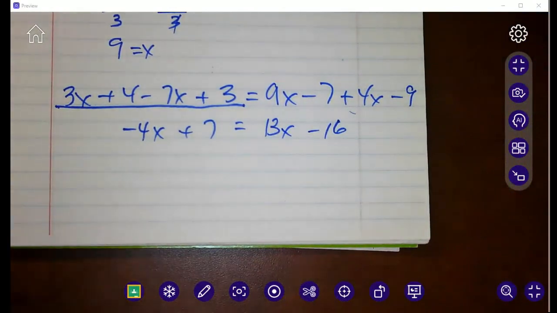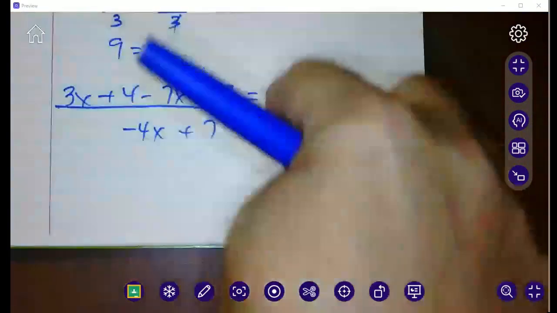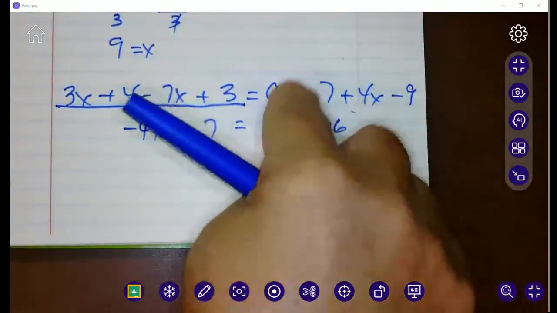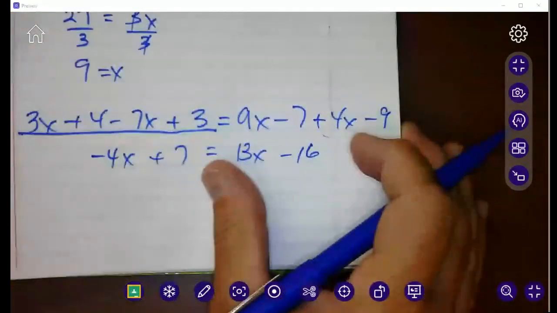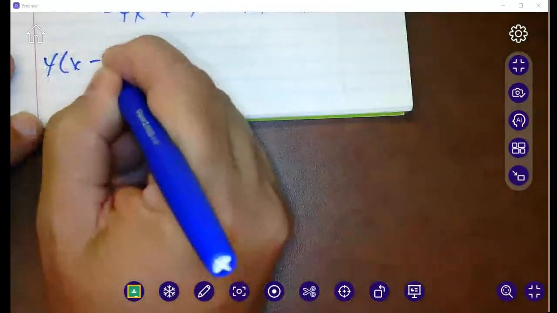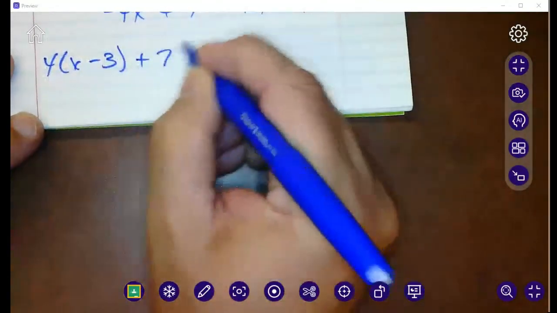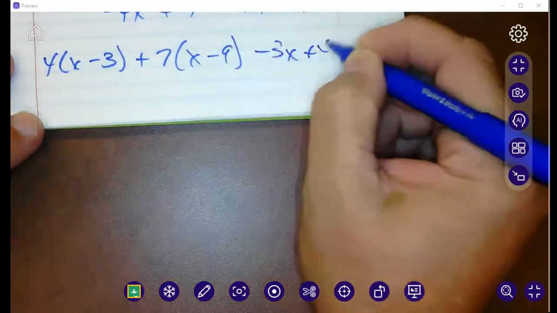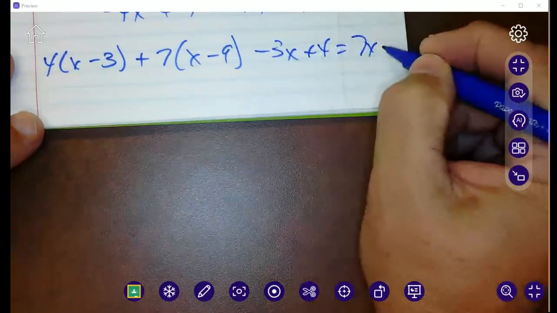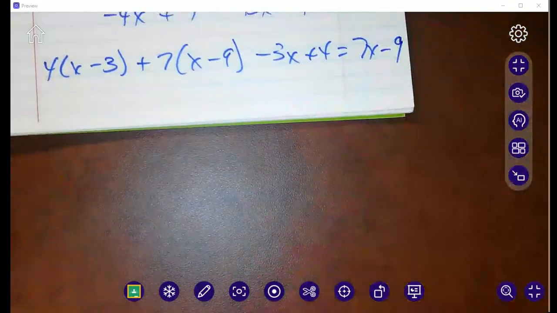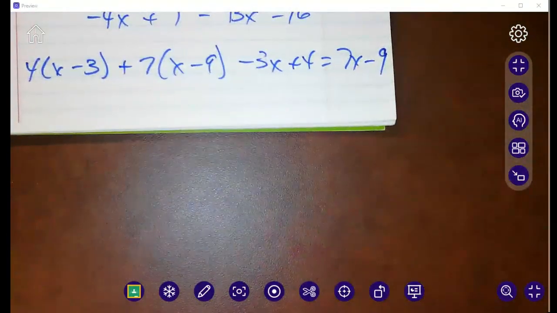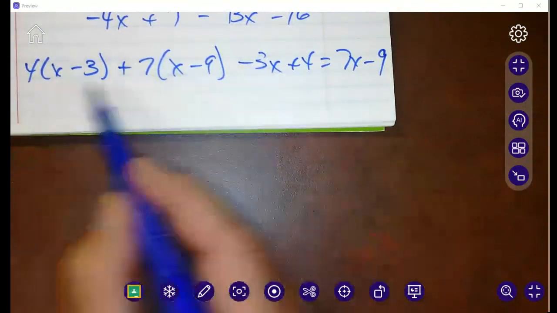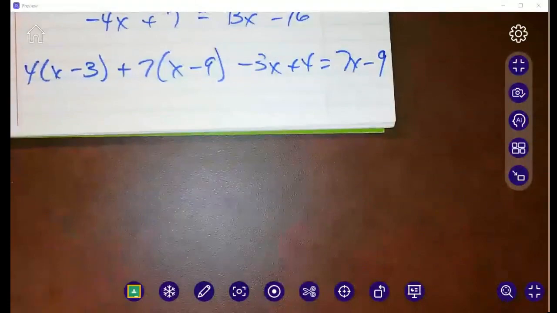On Thursday of next week, after we've done this on Tuesday, you will get problems that will start to look like this. Where there's a whole bunch of stuff on one side and maybe just as much stuff on the other side.